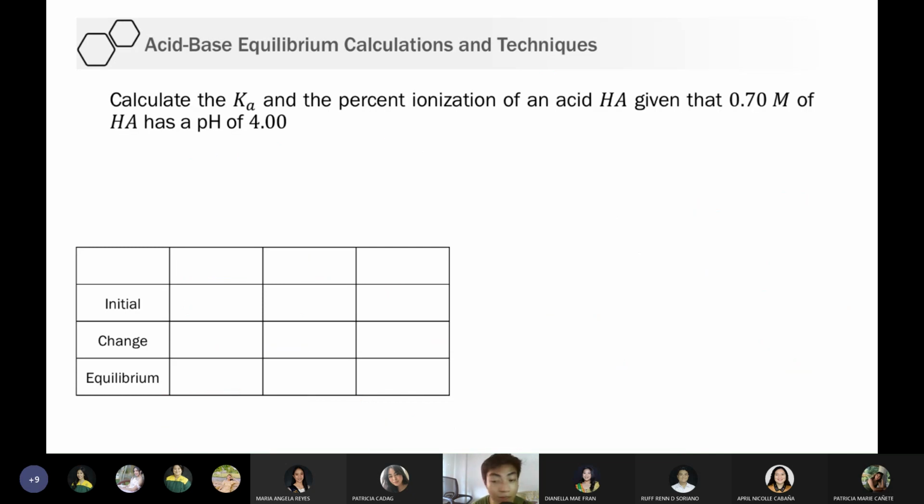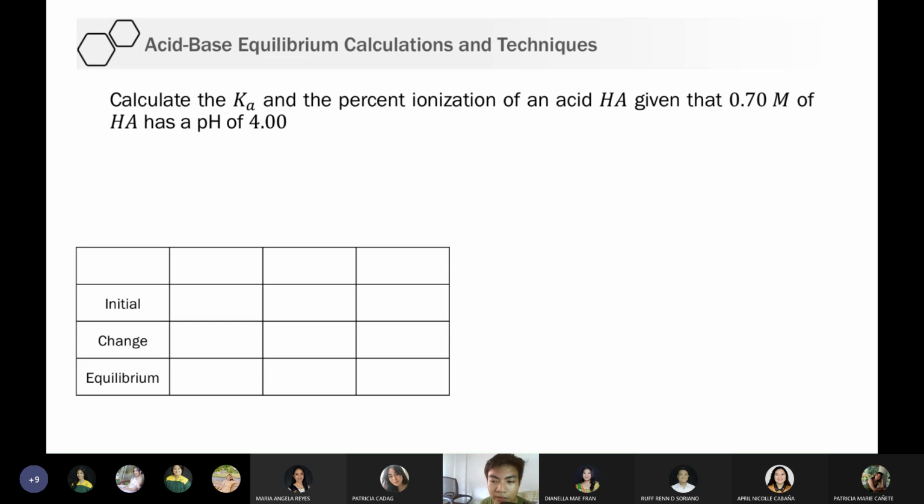Try this problem. I want you to read this, then I want to hear some comments about this. Ang unang question ko, kaya ba natin sagutan tong problem na to? So, basahin natin yung problem. Ayan, lobat ako. So, let's read the problem. Calculate the Ka and the percent ionization of an acid, HA, given that 0.70 molar of HA has a pH of 4.